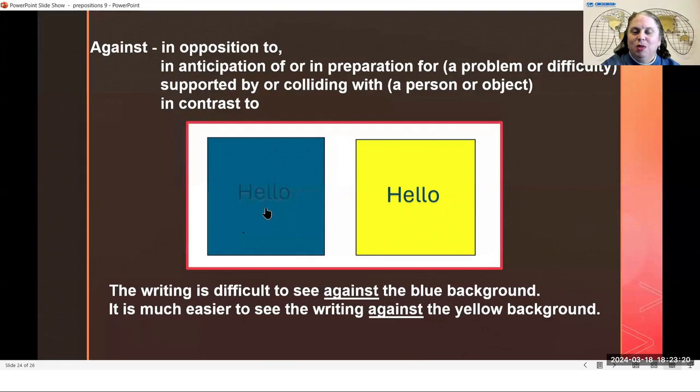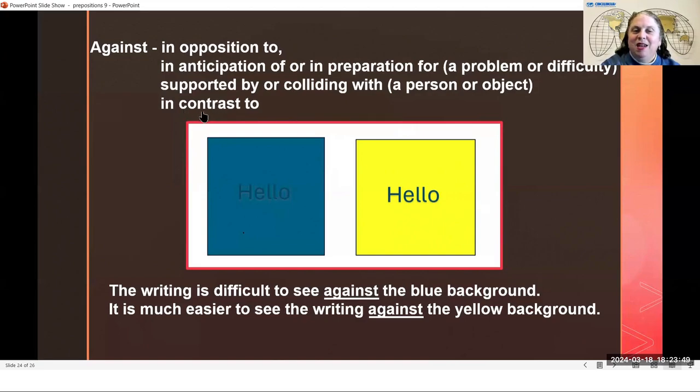If we were to move far away, it would be hard to tell what that writing said. But the yellow and the blue are opposite each other enough that it is easy to see the blue when you put it in front of the yellow.